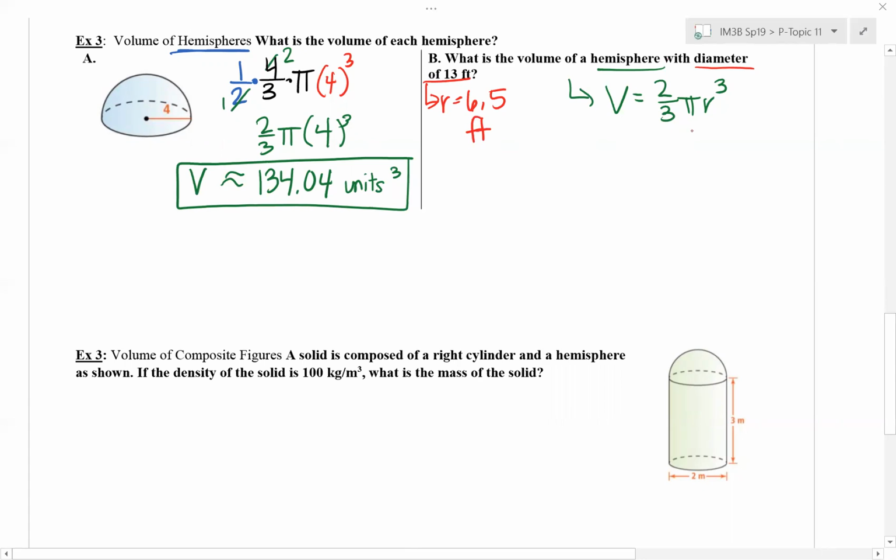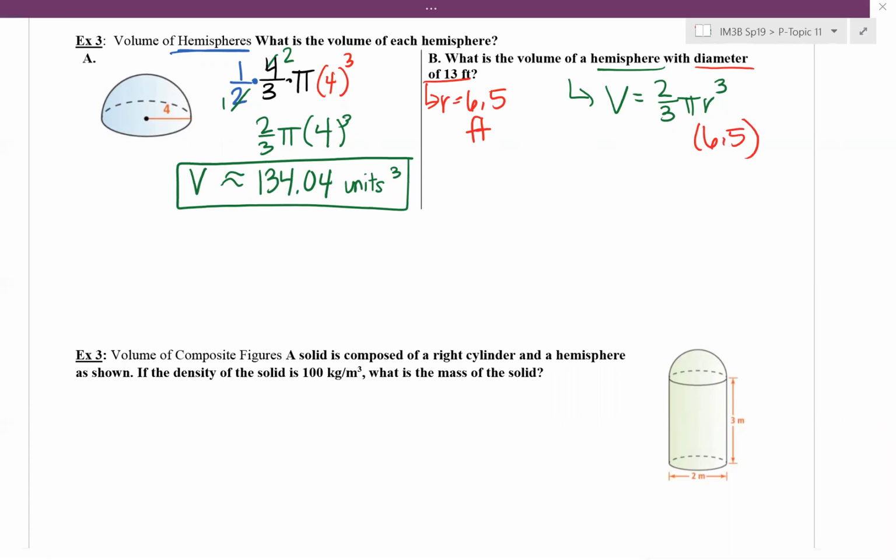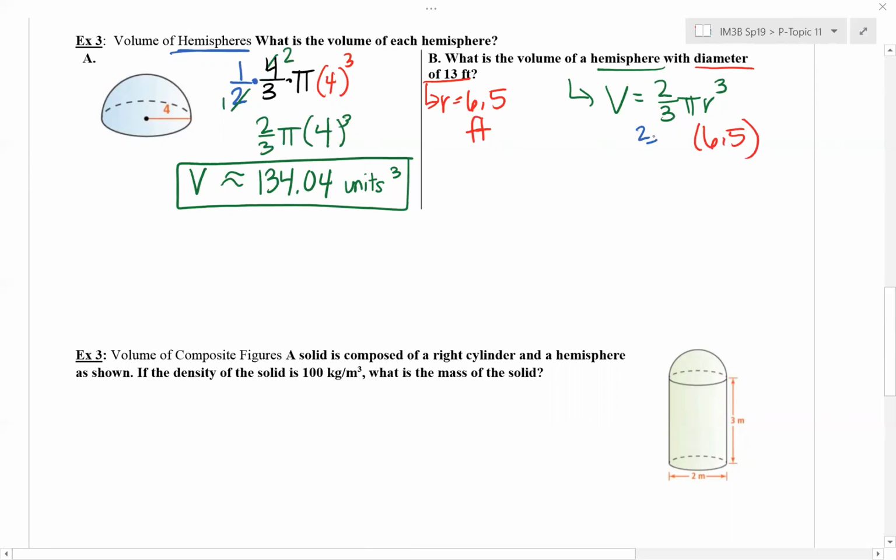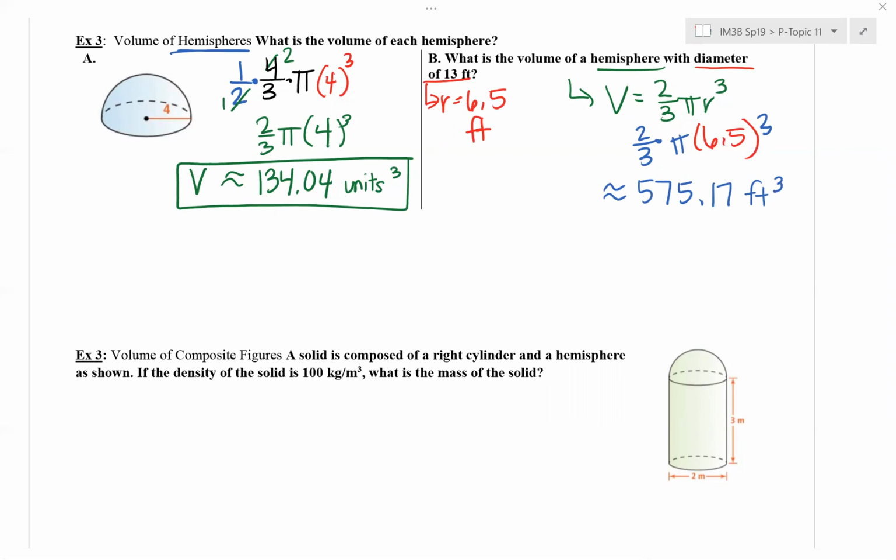So we're going to plug 6.5 in for the radius in our equation, so 2/3 times pi times radius cubed. And that should give us about 575.17 cubic feet.